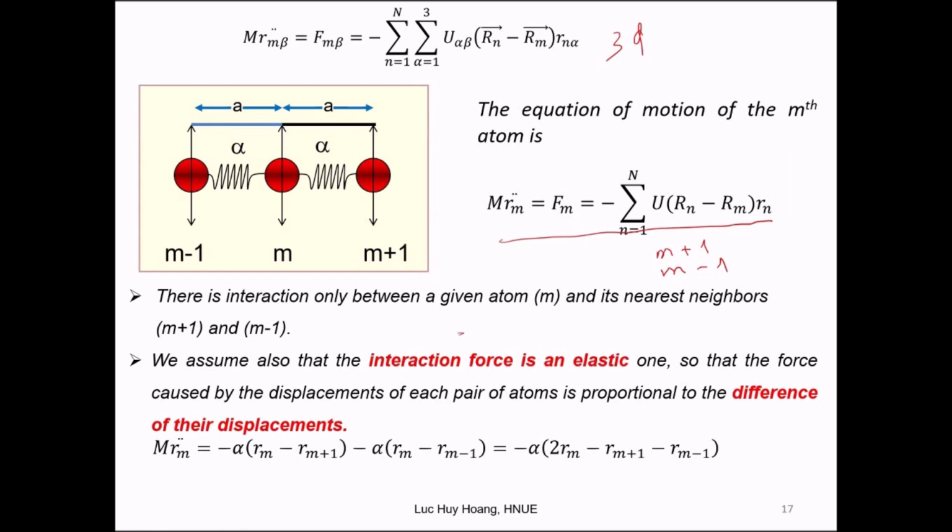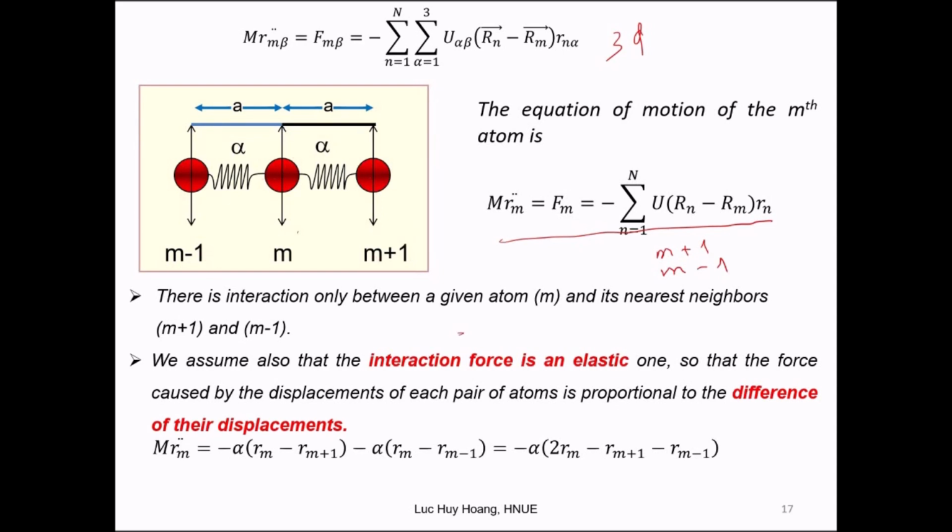As I said before, U of Rn plus Rm depends on the locations of the two atoms, n and m. Look at this: n equal m, n equal m plus 1, and n equal m minus 1.